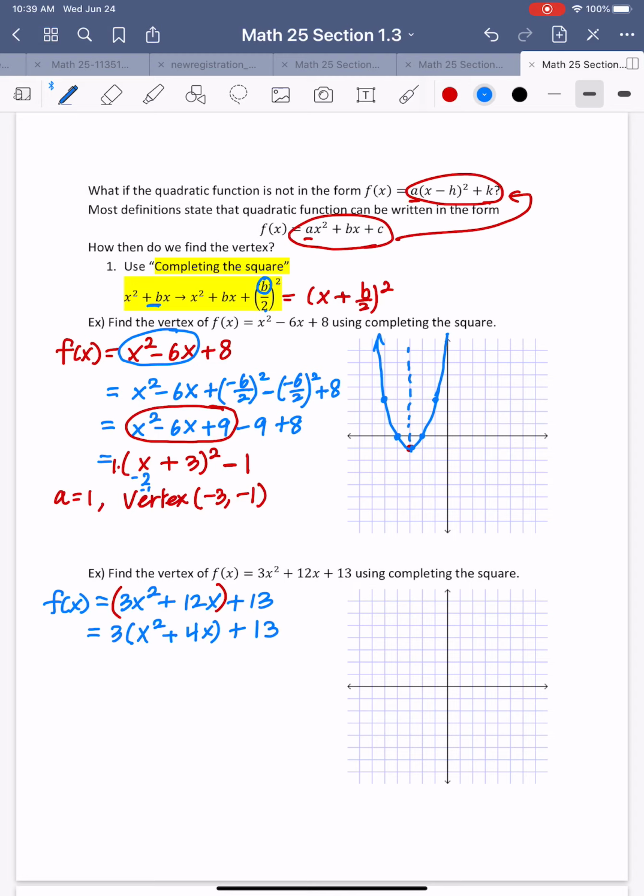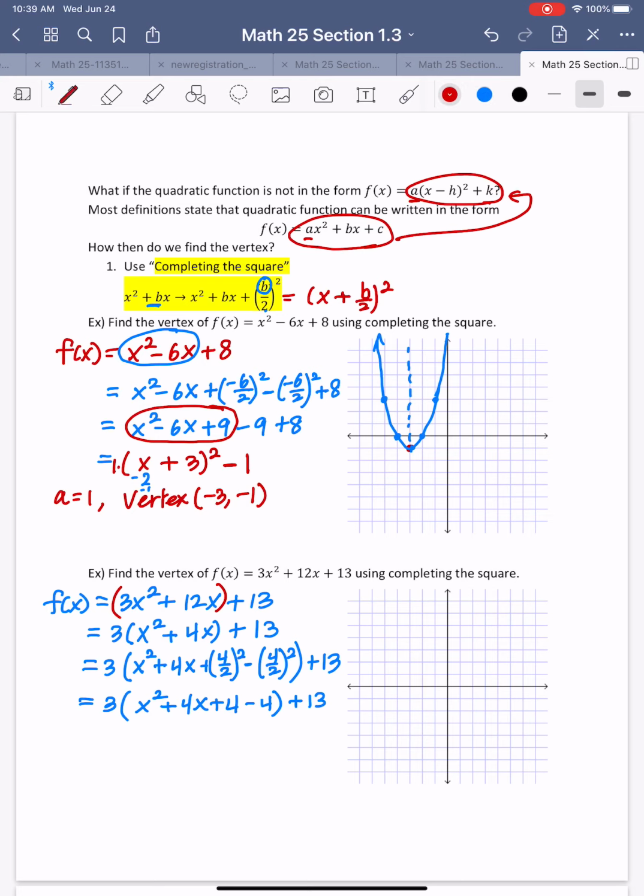And then inside the parentheses, I'm going to make the perfect square. So now inside, b is 4. So what I do is 4 divided by 2 and square. And at the same time, you subtract 4 over 2 squared. And then plus 13. Now simplify, you get x squared plus 4x. And then 4 over 2 is 2. 2 squared is 4. So add 4 minus 4 plus 13.